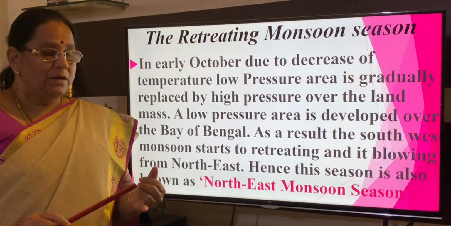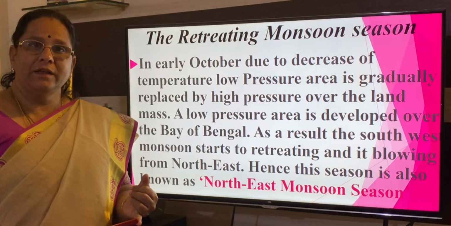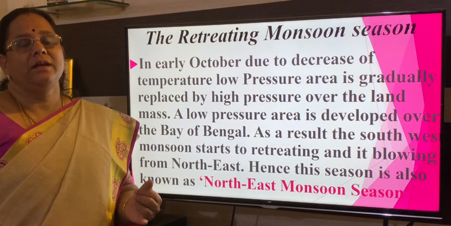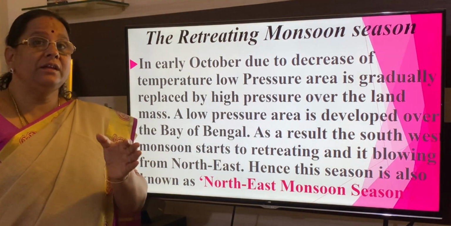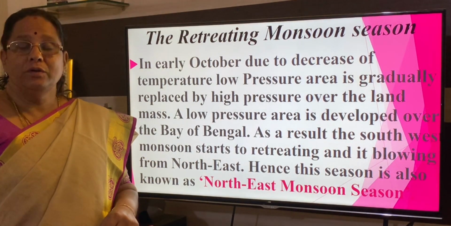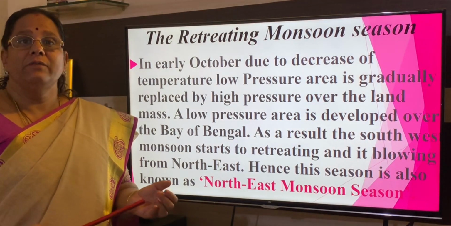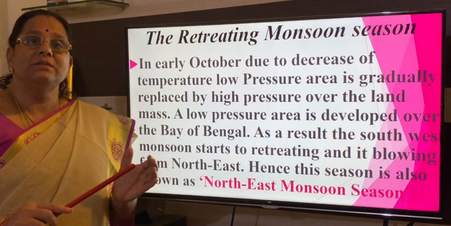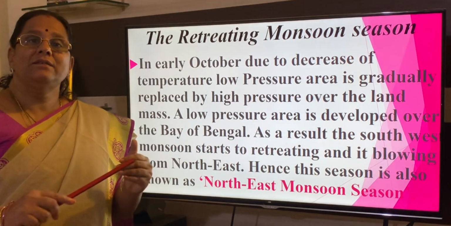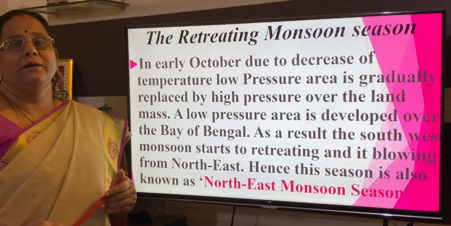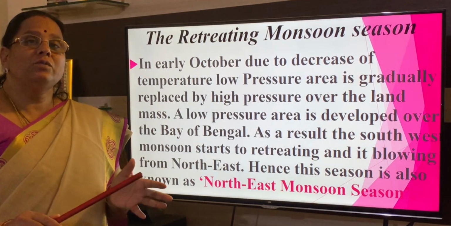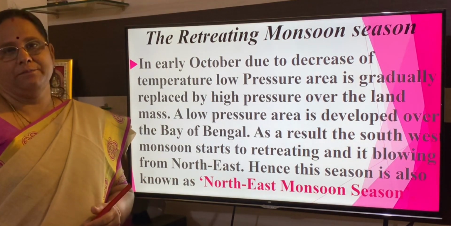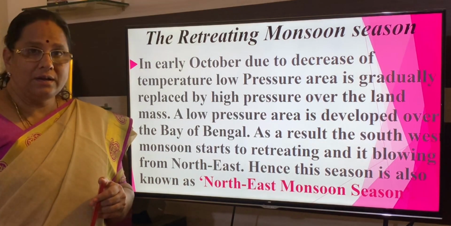Due to that, low pressure will develop in central India and high pressure in the Indian Ocean. Due to this, the wind will start moving towards the southwest, towards India. So that is why we also call this season the Southwest Monsoon season.